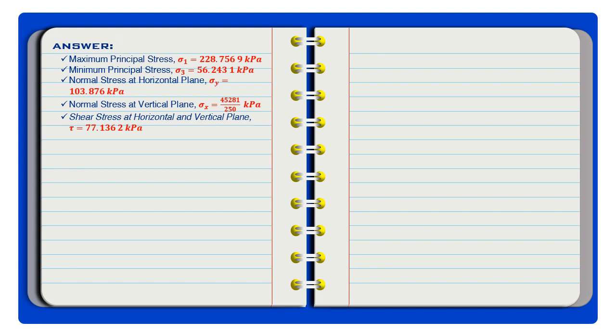Normal stress at the vertical plane, sigma x, is equal to 45,281 over 250 kilopascal. And the shear stress at horizontal and vertical plane, tau xy, is 77.1362 kilopascals.